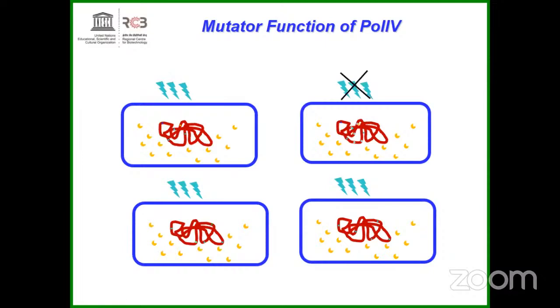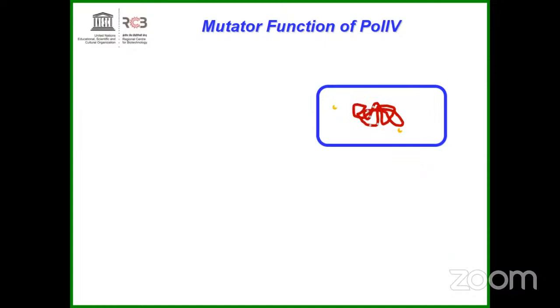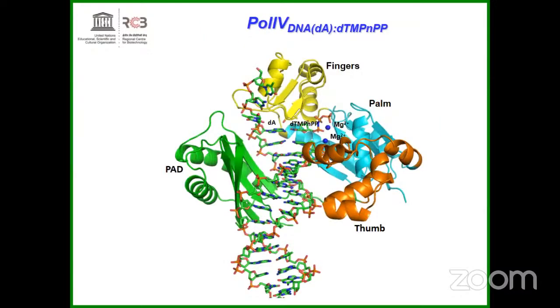So there is a chance that one of these cells will have that golden set of mutations which can neutralize the stress present in the environment and help it survive. All the other cells will die out, but this one can replicate, proliferate and colonize. This kind of phenomenon, adaptive mutagenesis, is implicated in drug resistance in the case of pathogenic bacteria. So Pol4 plays a very important role in this.